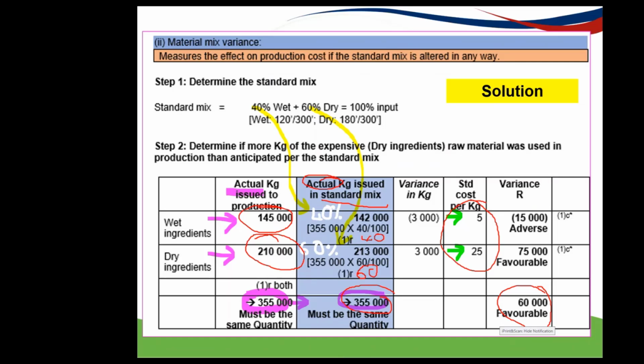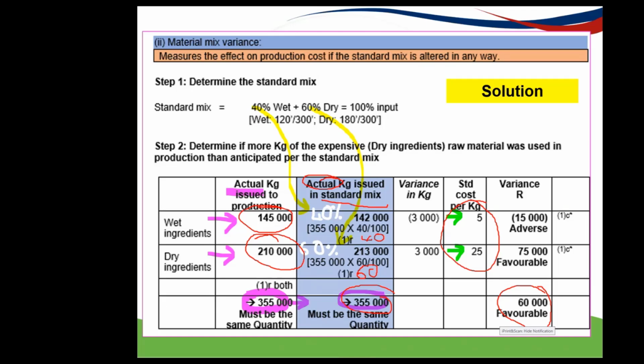Because I'm thinking here, ma'am, that the material mix variance and the material yield variance are sub-variances of the volume variance.